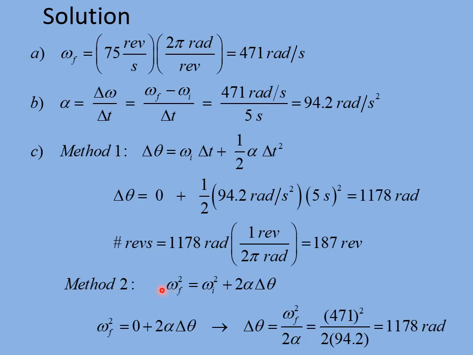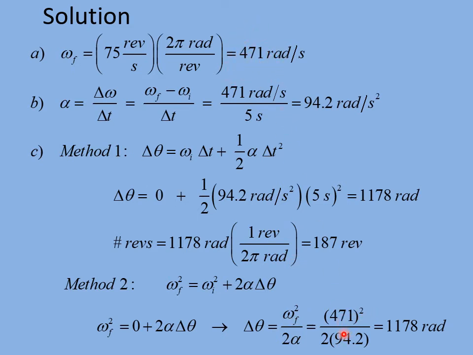The second method, which is equally good here, is the equation without time. Final omega squared equals initial omega squared plus 2 alpha delta theta. Again, initial velocity here is 0, so final omega squared is equal to 2 alpha delta theta. We can solve this for the displacement: delta theta is equal to the final omega squared divided by 2 alpha. Omega final, we found in part A, is 471.